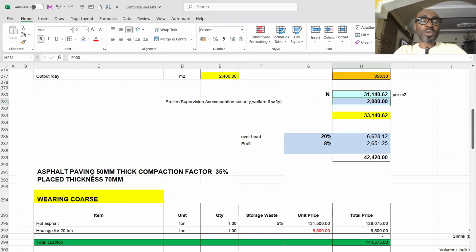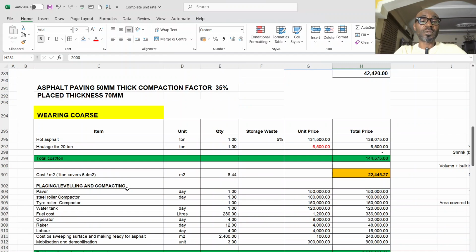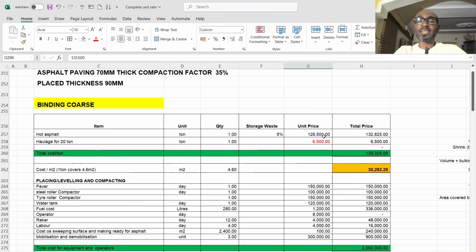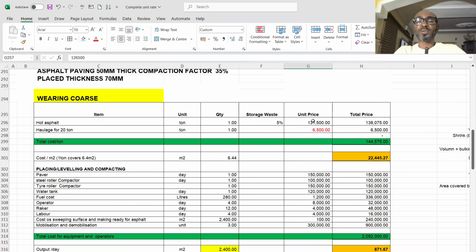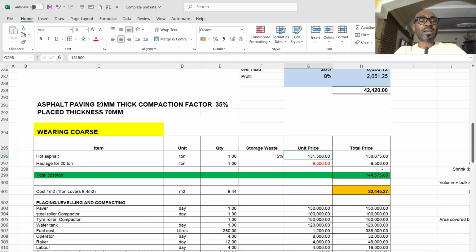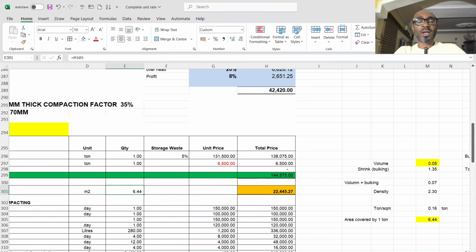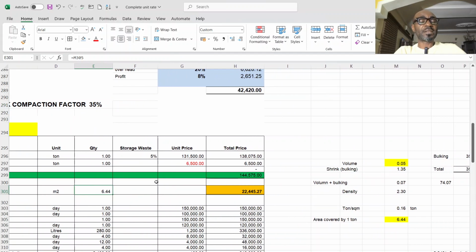Then the difference between the wearing course, like I said, if you check, the price here is 131,500, while here it is 126,500. So the price for the hot asphalt is different. Because this is 50 millimeter thick, the coverage is 6.44 square meter that 1 ton will cover.